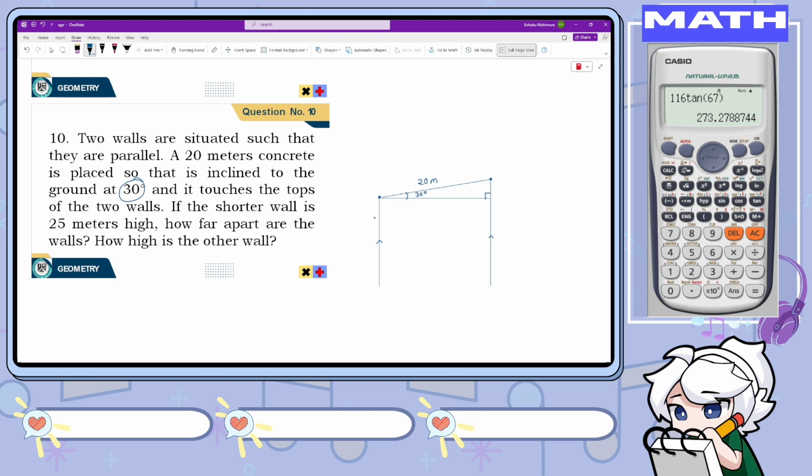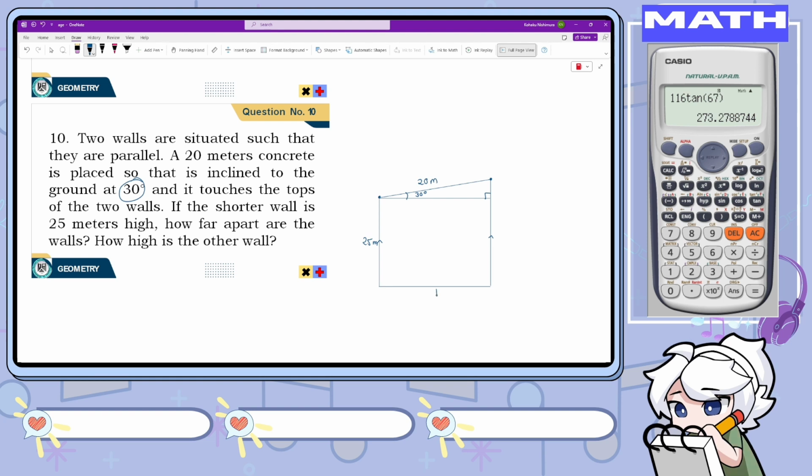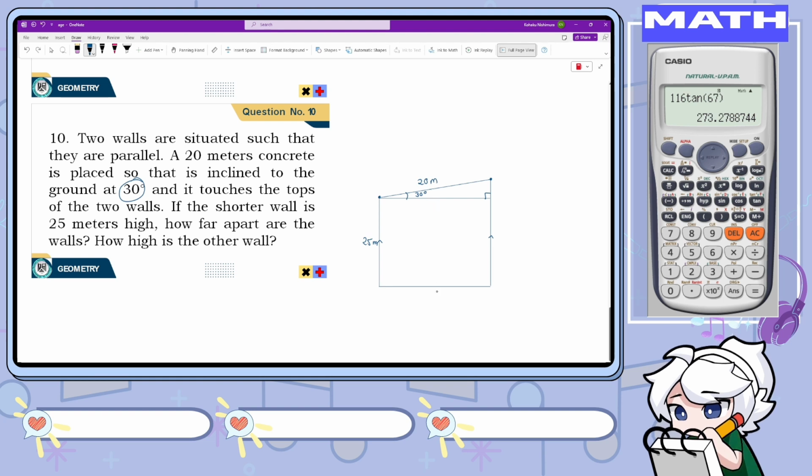Now, if the shorter wall here is 25, how far apart are the walls? So we are being asked, what is this measure here? We can set this as x, in which this is also x. Why?